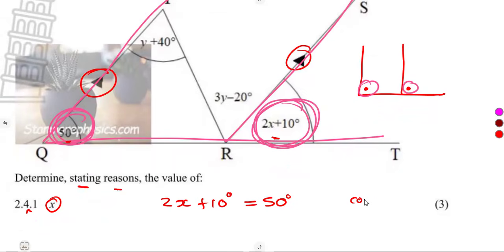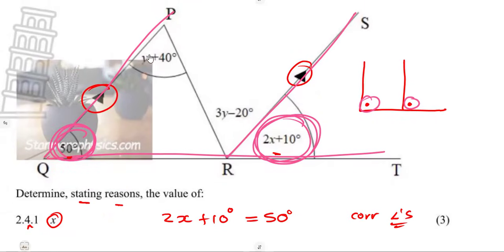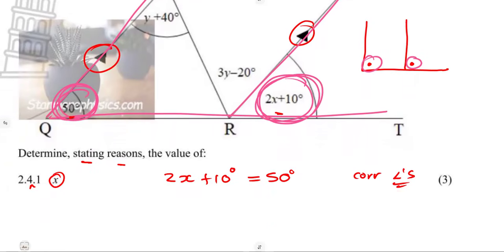F angles, corresponding angles. All right, so you're talking of what? Corresponding angles. Since we are given these two lines that are parallel, since PQ is parallel to RS. So let's solve for x. 2x is equal to what? Take the positive 10 to the other side of the equation. That is going to give us a negative.